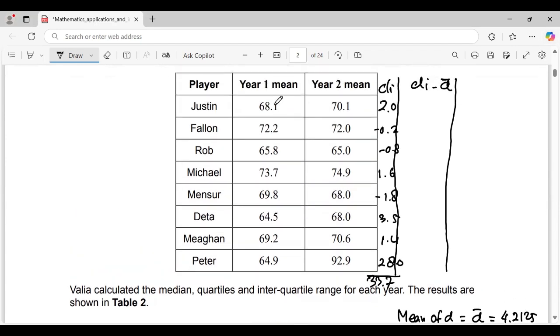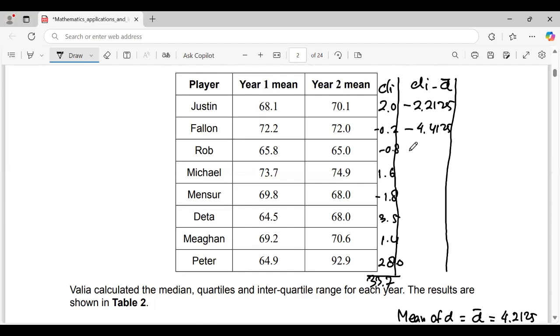So after that, these numbers: 2 minus 4.2125, we got the result minus 2.2125. After that, minus 0.2 minus 4.2125, we got minus 4.4125.